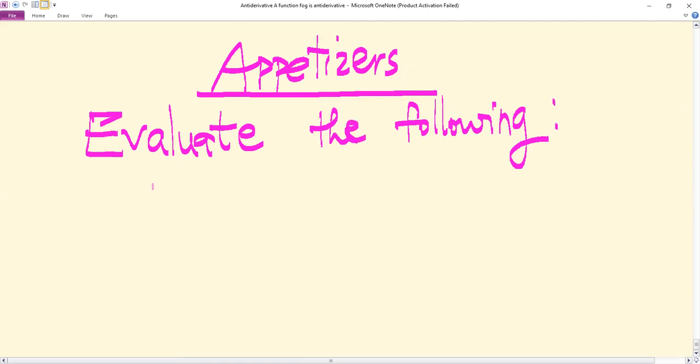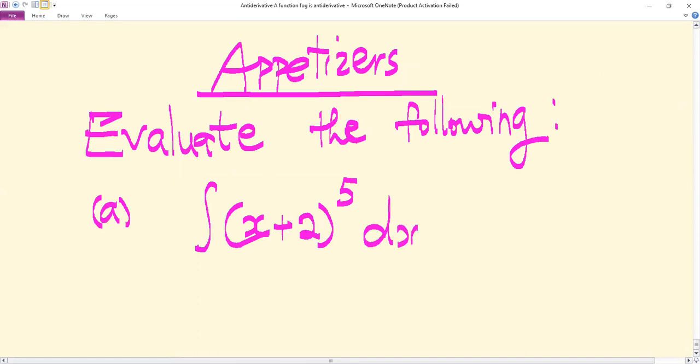The first one, A, the integral of x plus 2 raised to power 5 dx. Let's start with that appetizer.